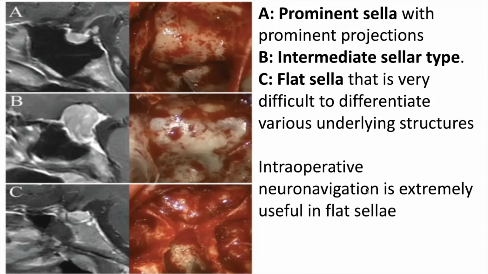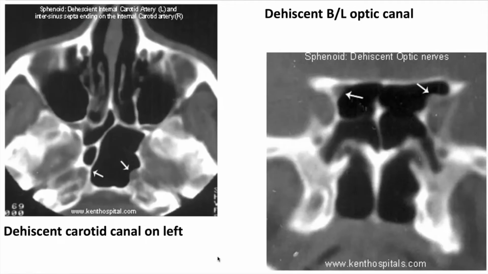And therefore, if you have the help of navigation, it is extremely useful in such cases. There may be a dehiscent carotid canal, as seen in this diagram on the left side. There may be bilateral dehiscence of both the optic canals, as seen here.